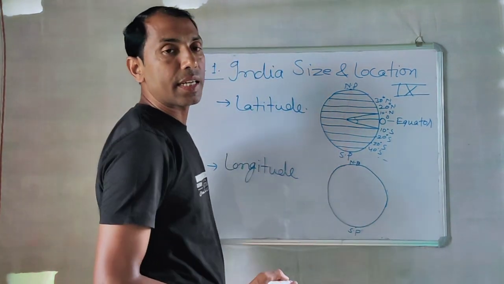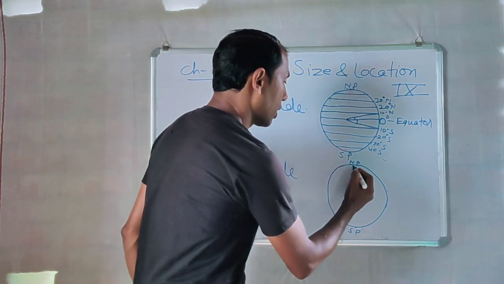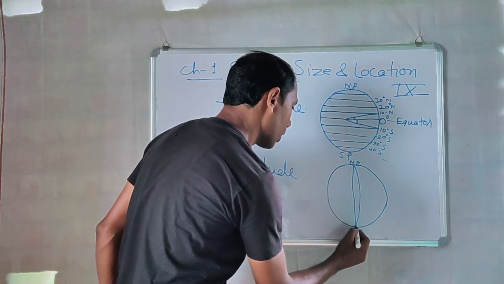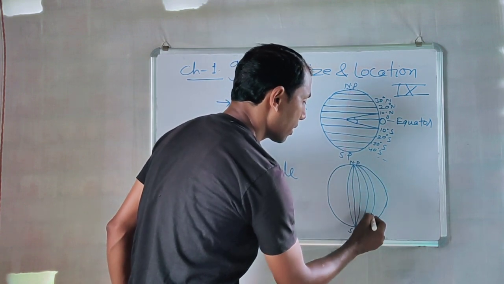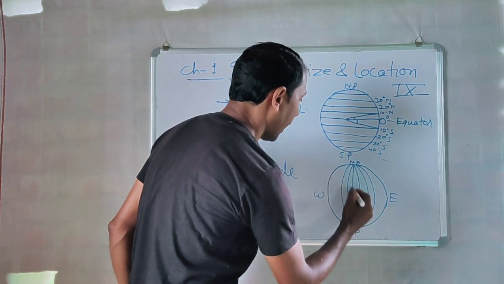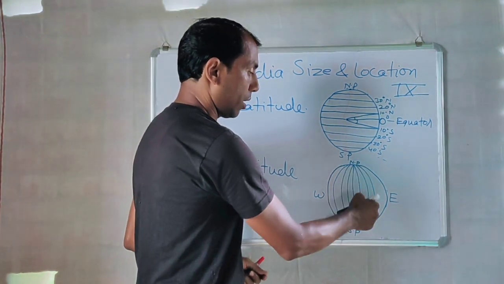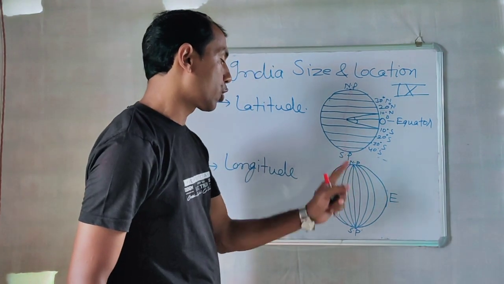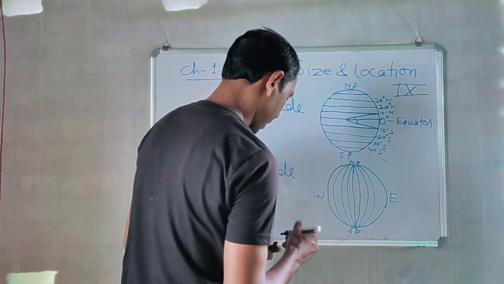There are also imaginary lines which join north pole and south pole. This is the eastern side and this is the western side. So in the eastern side as well as the western side, all longitudes join on the north pole and south pole, right? It is a meridian line.